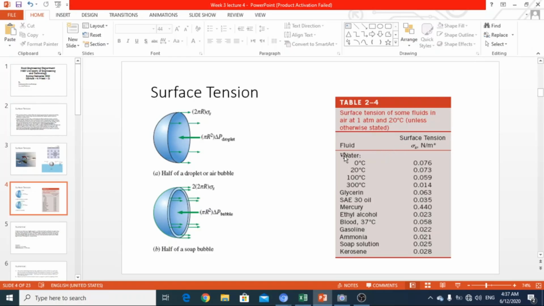We can see the trend of the water surface tension with temperature, and definitely it is reducing with temperature. Then we have glycerine and soap water as well. You can compare that soap water has a very low surface tension compared to normal water at 20 degrees centigrade. So these are the respective surface tensions.